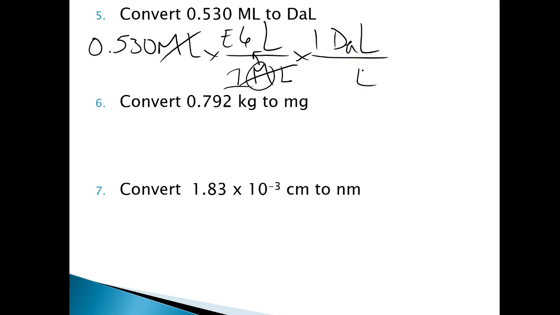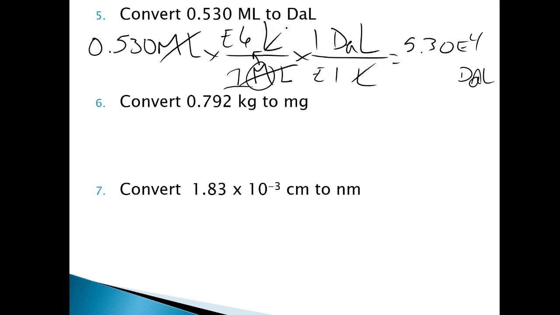We probably won't use this one very much just because it's confusing, so we're just going to leave that one alone. But deca is e to the 1. And so you have 0.53 times e to the 6th divided by e to the 1. You get 53,000. But it should have 3 sig figs, so 5.30 e to the 4th decaliters.